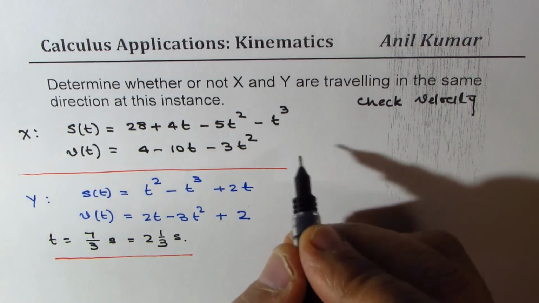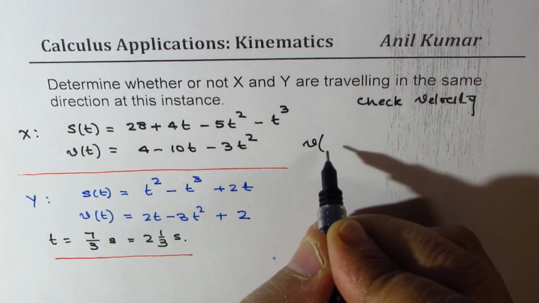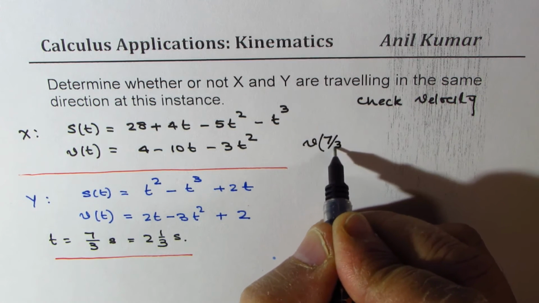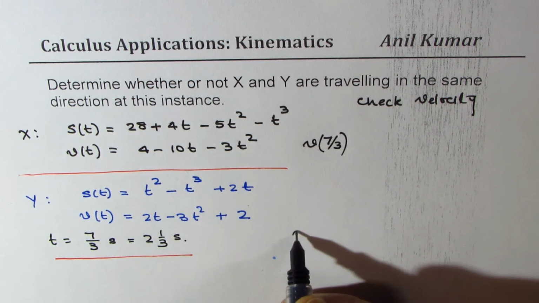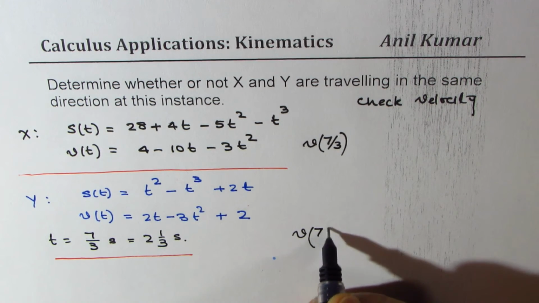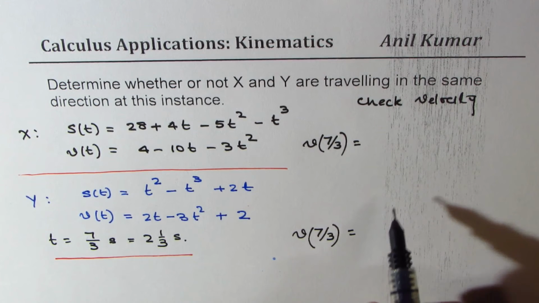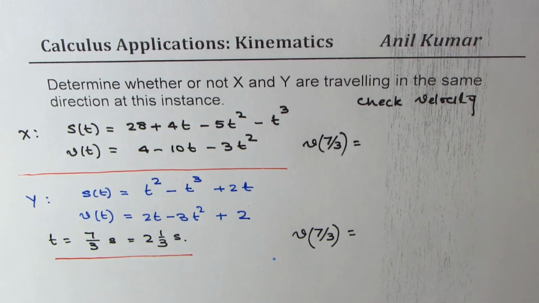If velocity has same sign, that means they are going in the same direction. Perfect. So we'll find the velocity of particle x when time was 7/3, and we'll also find the velocity of particle y when the time was 7/3. We'll just calculate using the calculator. If we get same sign, both negative or both positive, they are in the same direction.